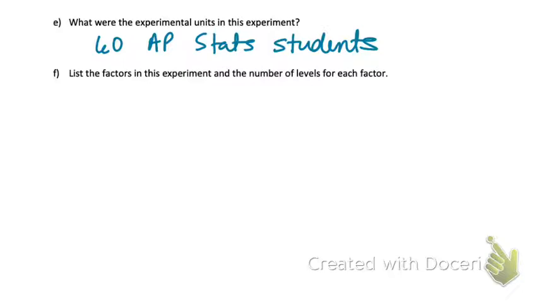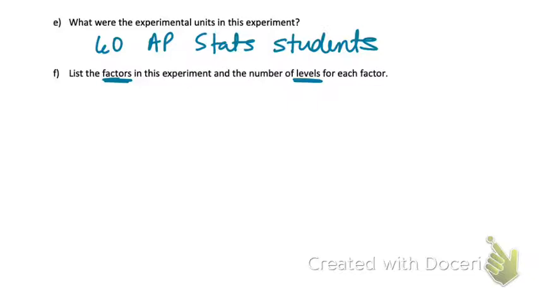All right. Here's probably the most confusing part. Factors and levels. Factors. If you look at your vocabulary, it says factors. In some experiments, there are multiple explanatory variables or factors.